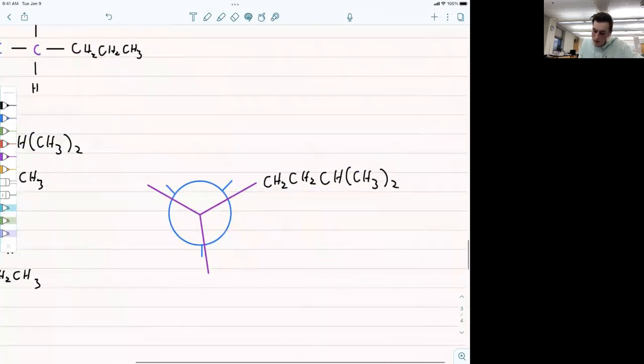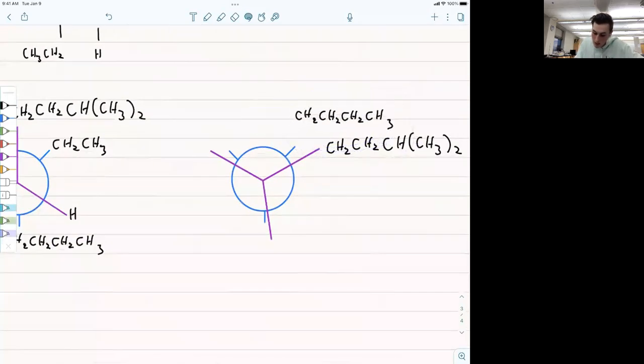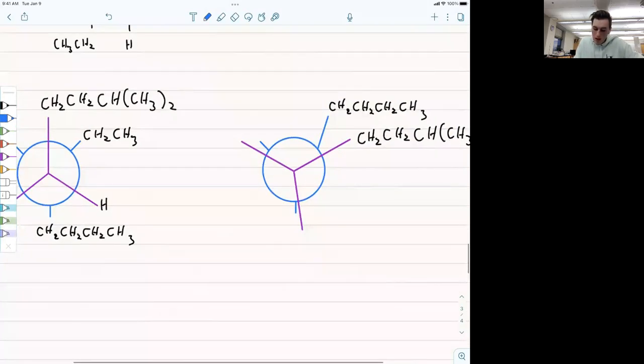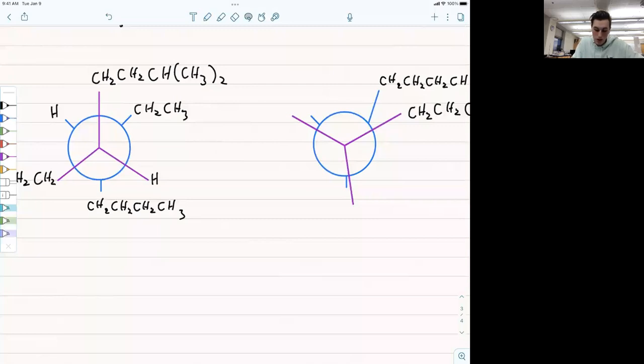It's on my purple carbon, so it'll be here. And this was my biggest group on my blue carbon, so I'm going to put that one up here, and I'll make this line to it better. And then I had my second ones together. Hydrogen is also going to be paired with hydrogen because they're both pretty small, so they're not going to produce a lot of steric hindrance.